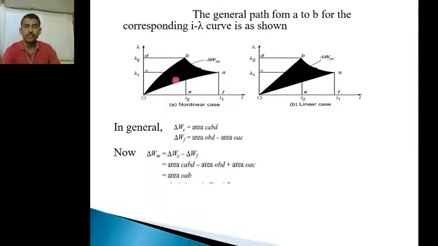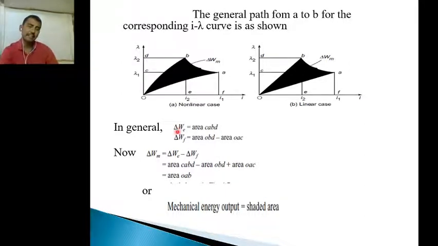So if you go for the mechanical energy, what is the mechanical energy? It is the electrical energy minus the field energy. What is the electrical energy? The area of CABD.